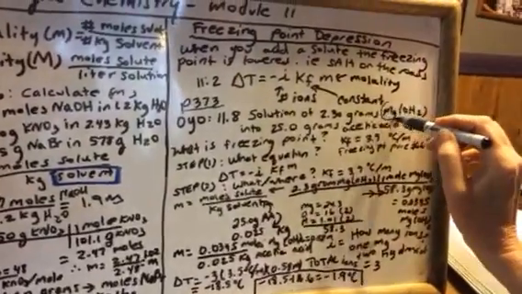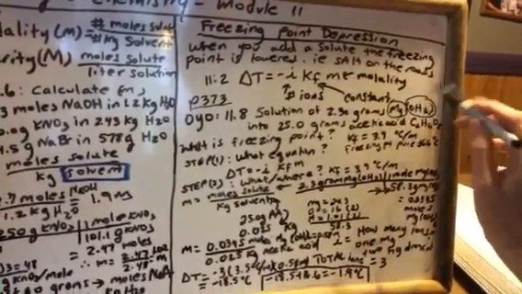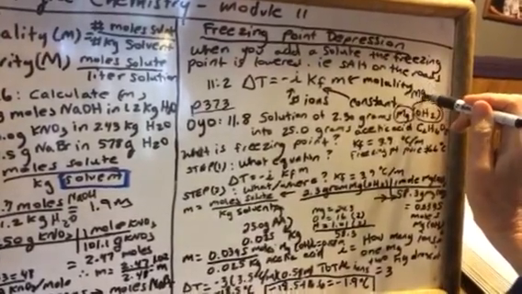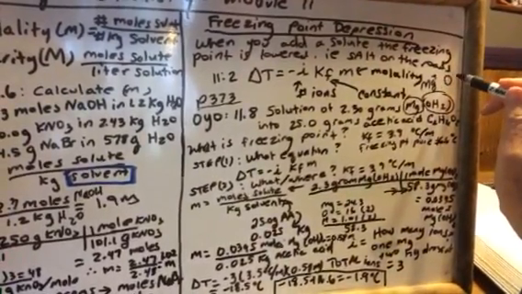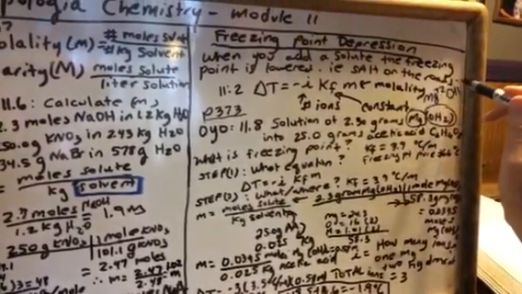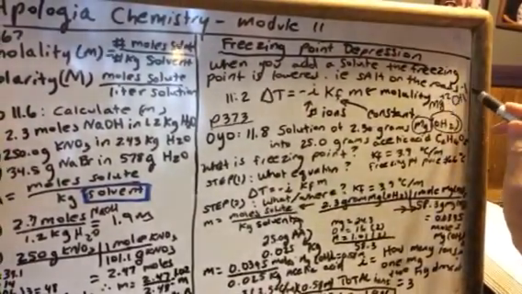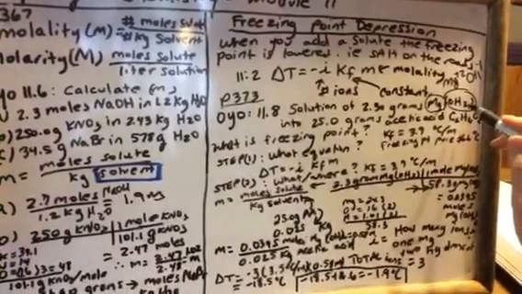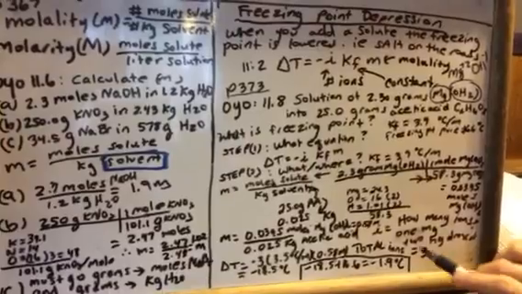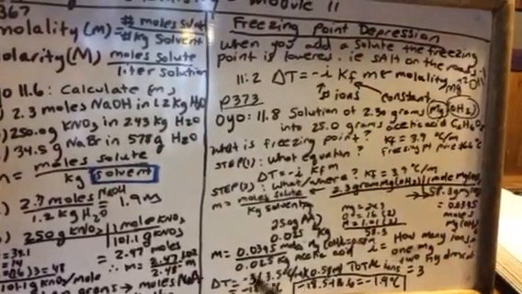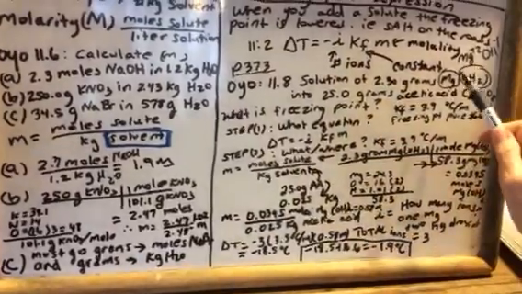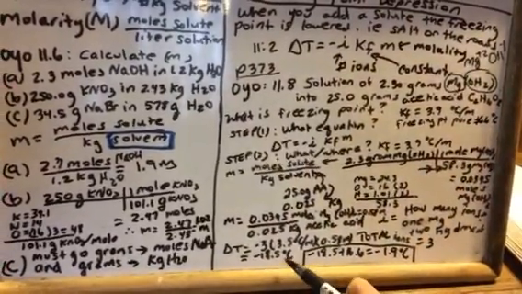You have magnesium and you have hydroxide, and if you separated that out, you know that it would be magnesium with a +2 charge and hydroxide with a -1. So that's a total of 3 ions. 2 and 1 is 3. So that means that your i is going to be 3. So when we plug all that in, it's negative 3, which is the number of ions.